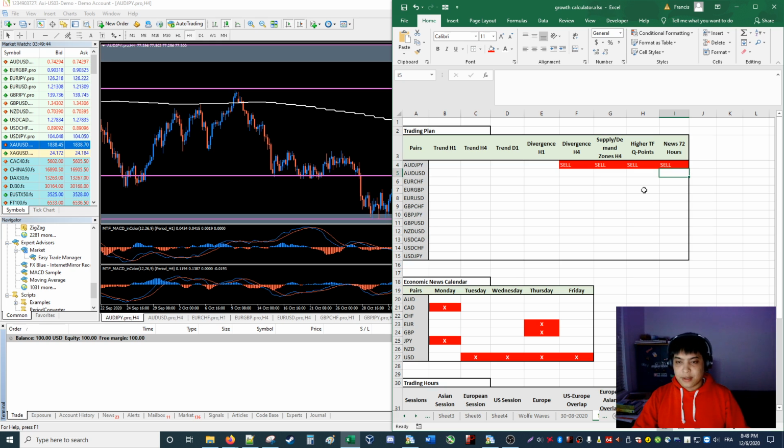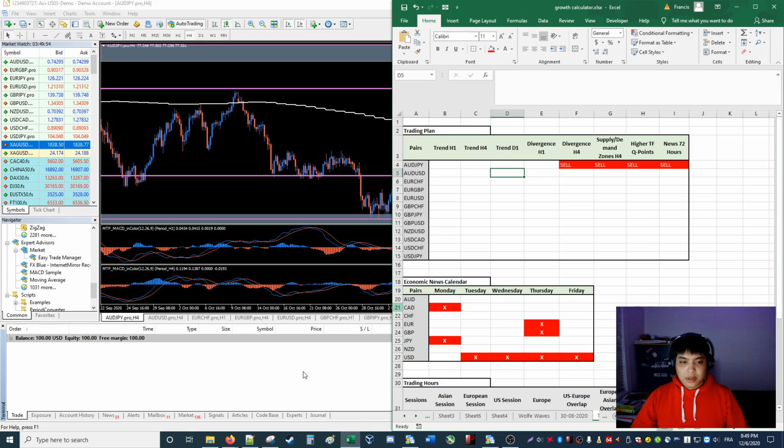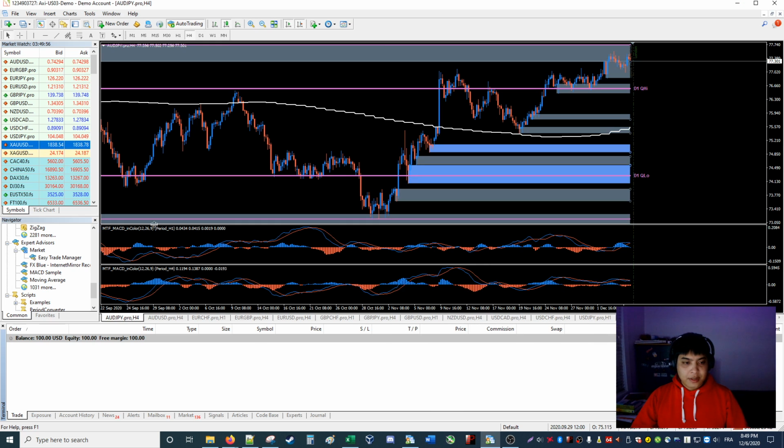Yes, I'm gonna sell. Divergence on H1. We don't see it on the H1. So this is the H1 time frame, and this is the H4. Basically, the idea is to look at multiple time frames to see where there's a bigger chance of a price reversal hitting a supply and demand zone or resistance and support zone.